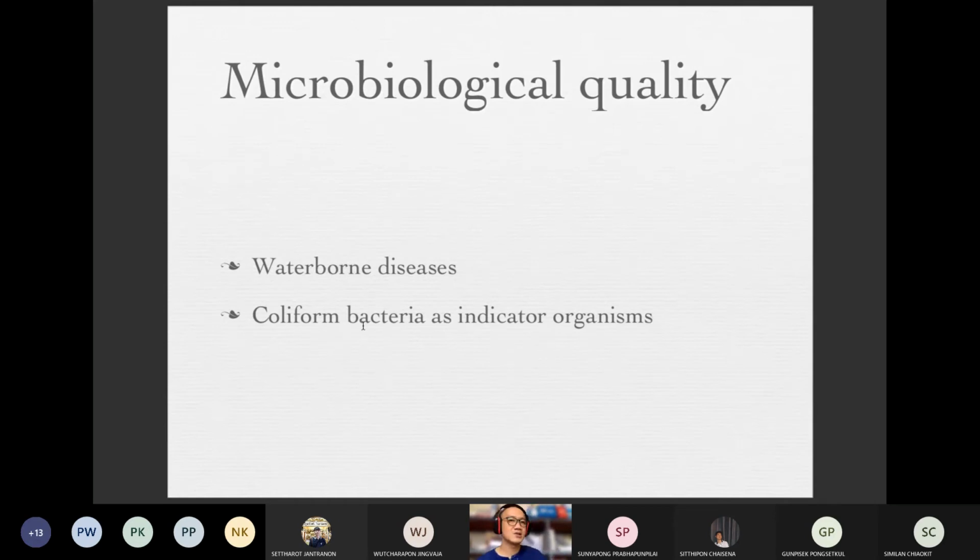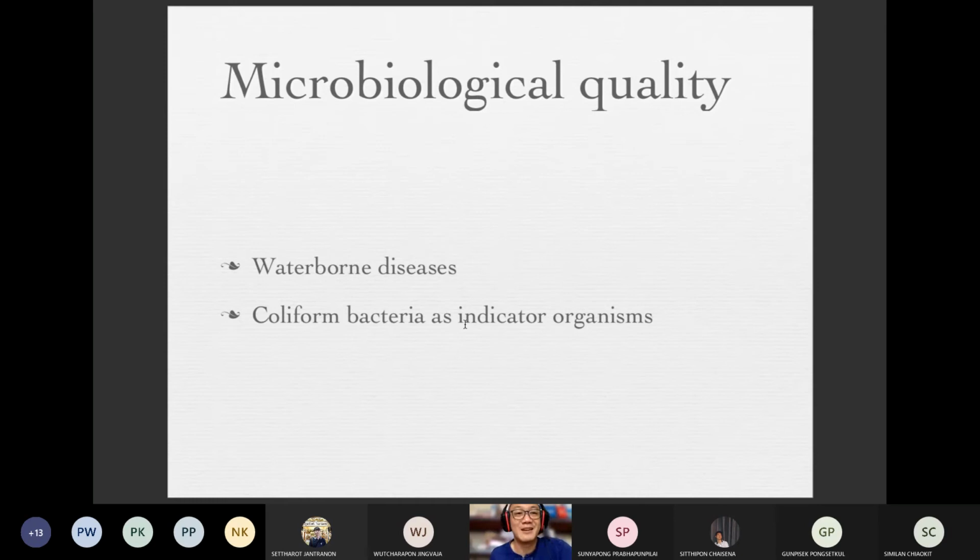Coliform bacteria is actually a group of microorganisms that are present in the human intestine, and especially in all mammals, the intestine contains some types of bacteria which are normally called coliform bacteria, so these microorganisms normally exist in the human's body or in the mammal's body.